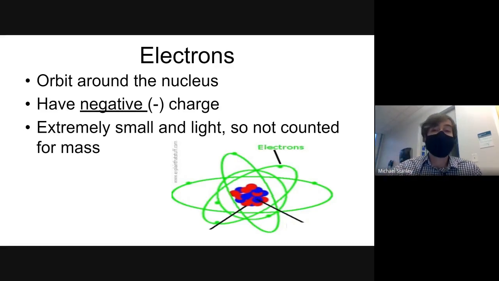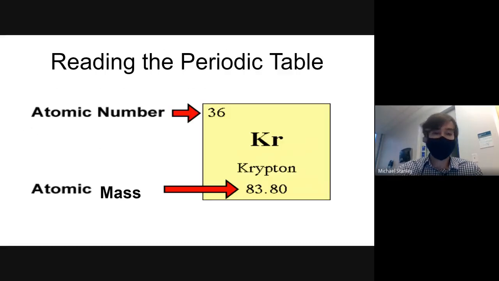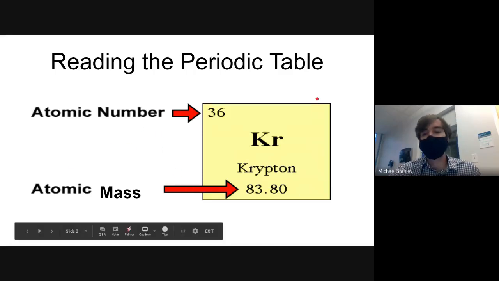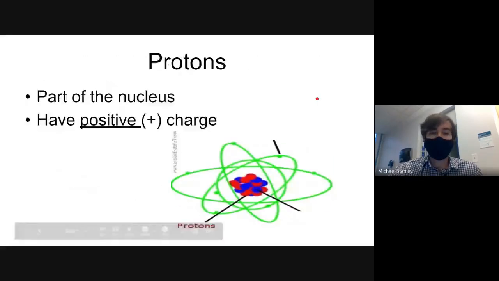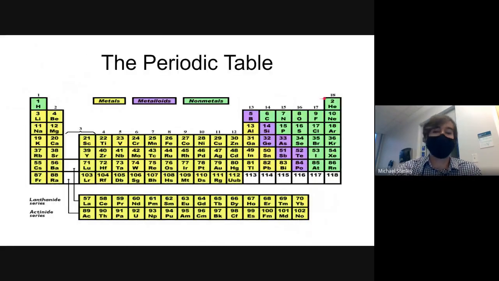But luckily, we can get the information that we need in order to figure out those numbers from our little periodic table box. So on that big table that we saw at the beginning here, I mentioned that every single atom gets its own little box. So each of these boxes represents a different atom.